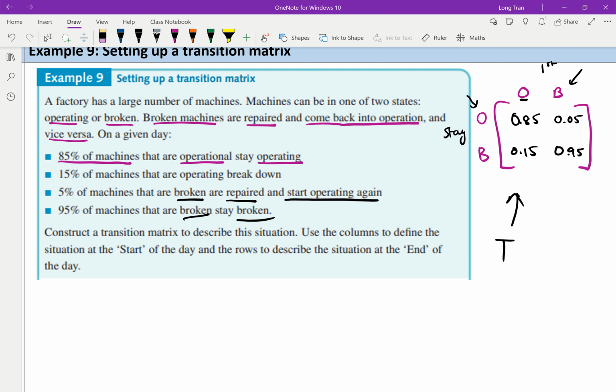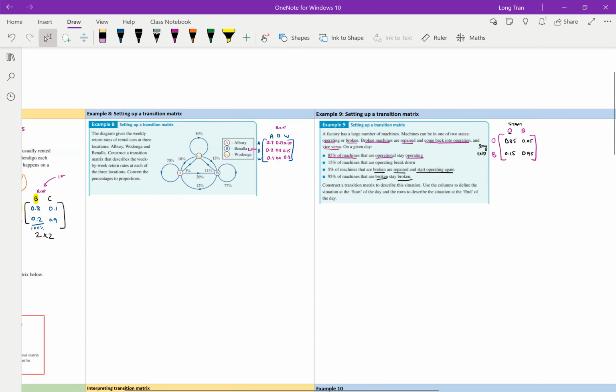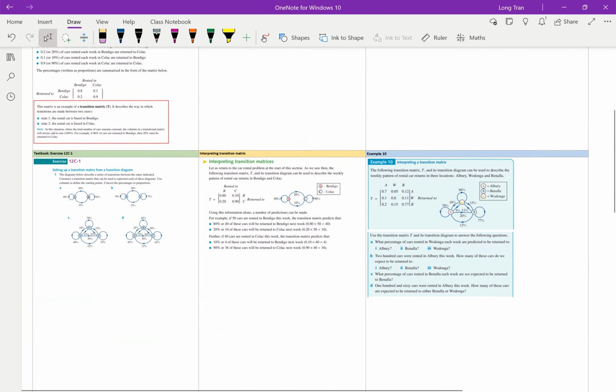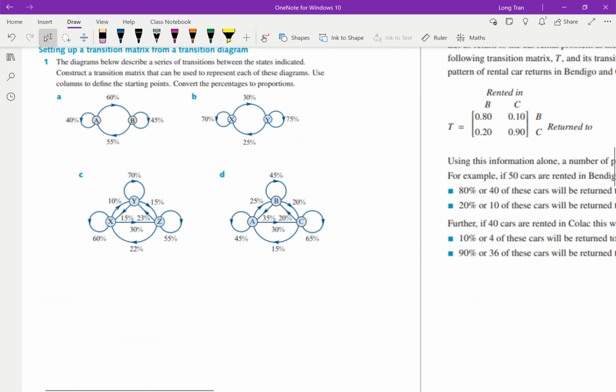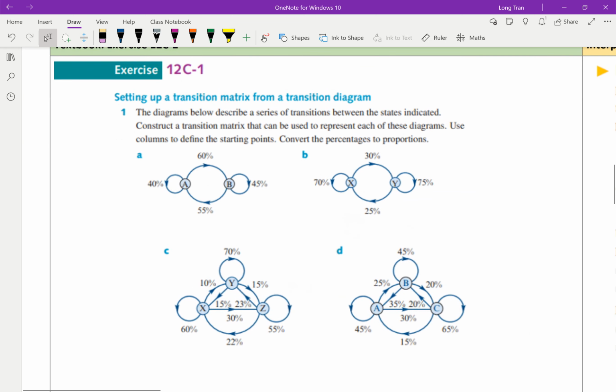To describe a situation, use the columns to define the situation at the start. So whoops, I should have called it the start, and then maybe the other one is the end of the day. So this is the end of the day. Okay, and that's about it. So that's how you do the first part in understanding how to construct a transition matrix. Okay, which is for this exercise over here. Okay, very small, short one.